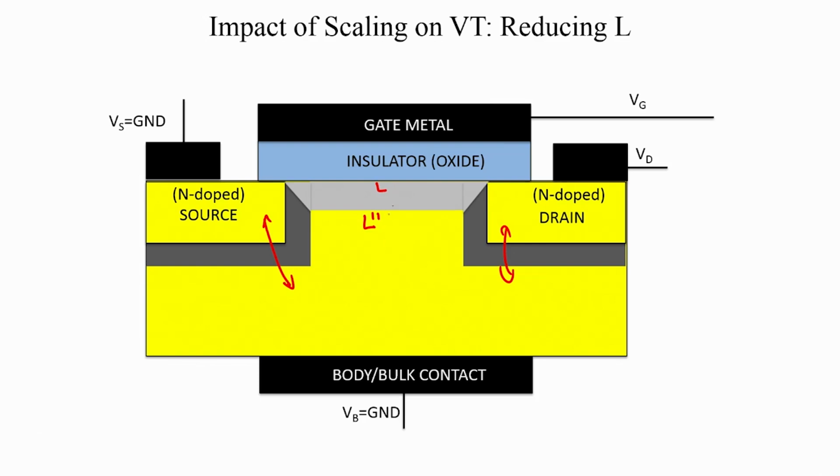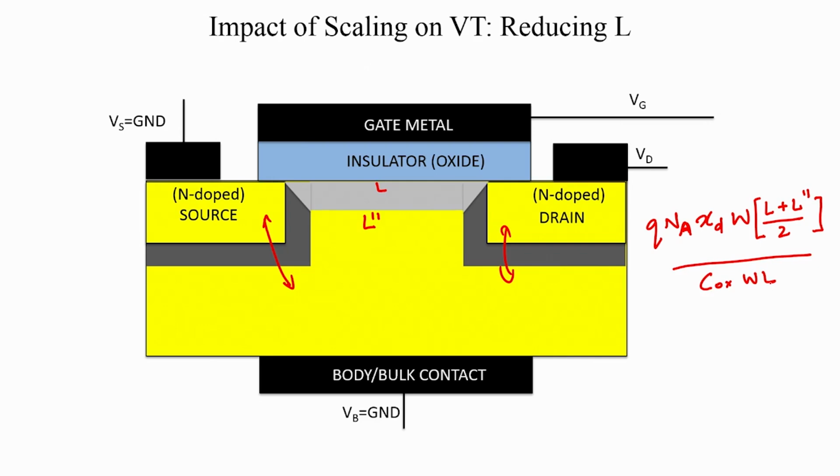And what is the depletion charge in this device? It will basically be your q N_a, I am just taking the magnitude, q N_a x_d into W into the area of this trapezium, which will be (L plus L double dash) by 2, and that divided by the total gate capacitance.